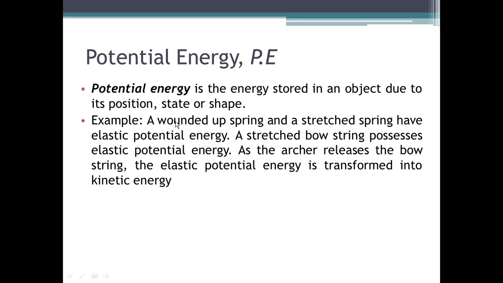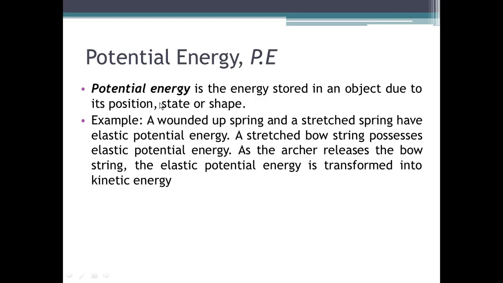This does not refer to wound, which refers to sugat, but this refers to the winding of the spring. When you wind up a spring and stretch the spring so that it would have an elastic potential energy, or a stretched bowstring, these are examples of potential energy.